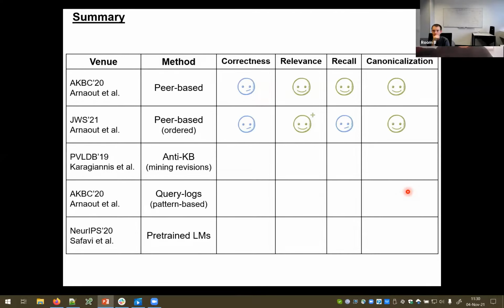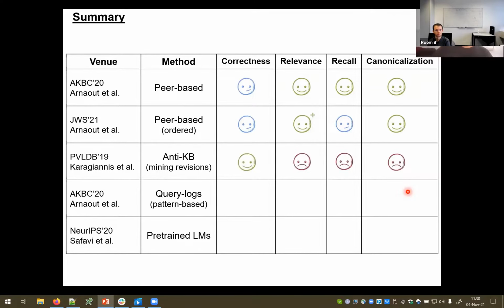Recall is a little bit questionable, again, because if you're using temporal or spatial information in order to order the pairs, then you have to guarantee that the entity is part of a certain temporal or spatial sequence, and that it has temporal and spatial information. Canonicalization, again, is not a problem because you are inferring from the knowledge graph itself.